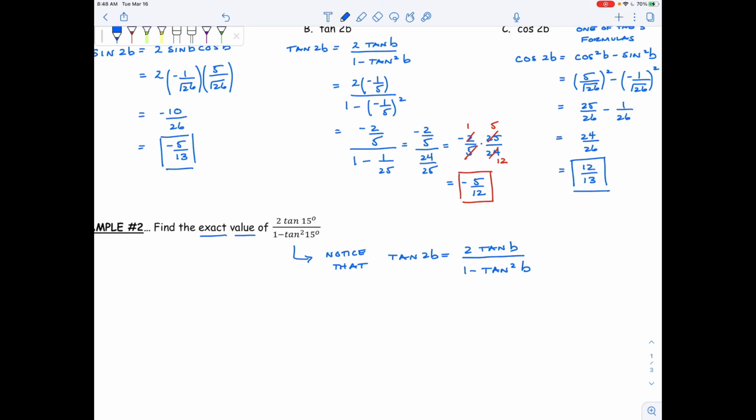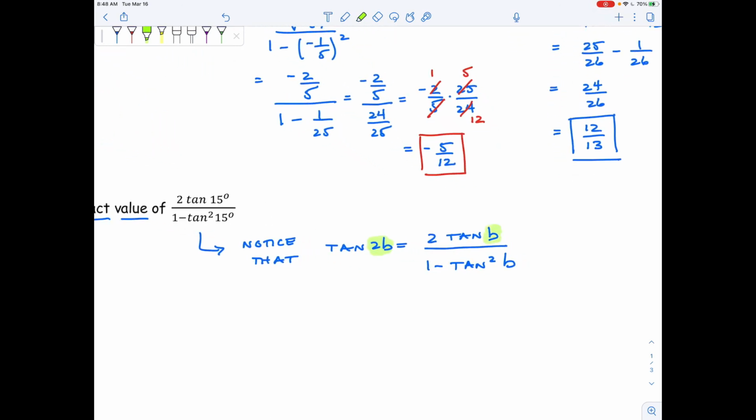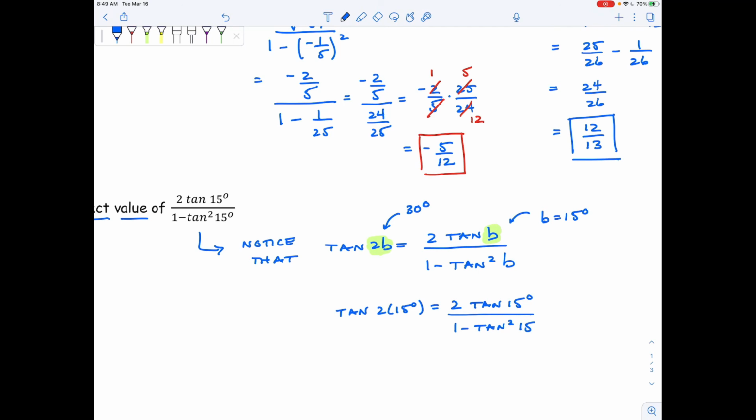And so if you also notice here, we're talking about twice b and a single b. So if b is equal to 15 degrees, then 2b would equal 30 degrees. So really, then, this becomes tangent of twice 15 degrees is equal to 2 tan 15 degrees over 1 minus tan squared 15 degrees.